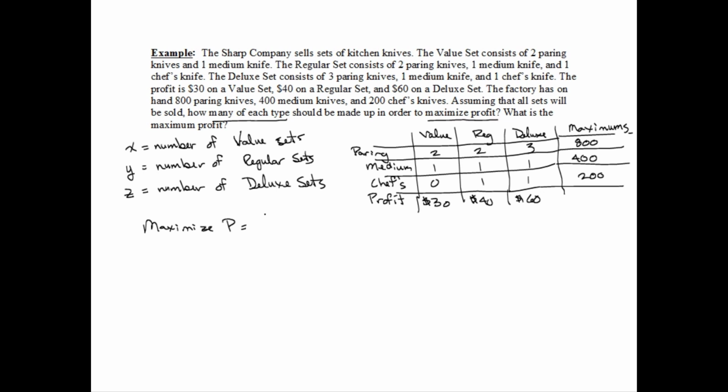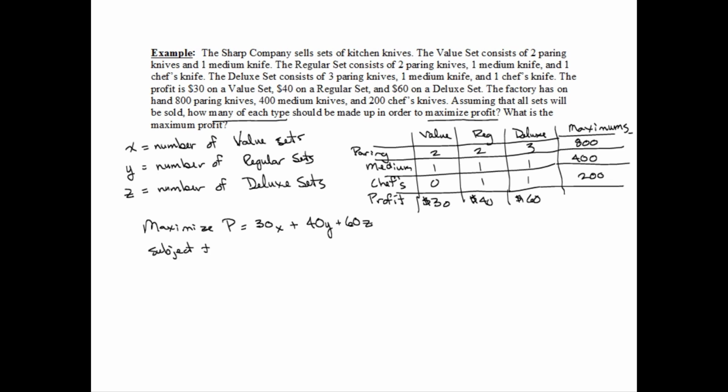We're going to maximize our profit. So our profit from the value sets will be 30 times the number of value sets, so 30x. Our profit from the regular sets will be 40 times the number of those, so 40y. And the deluxe set, I have 60 for each times the number of deluxe sets, so 60z.